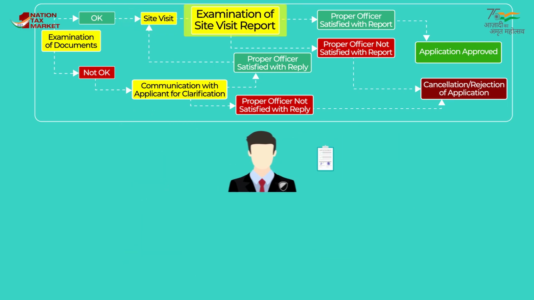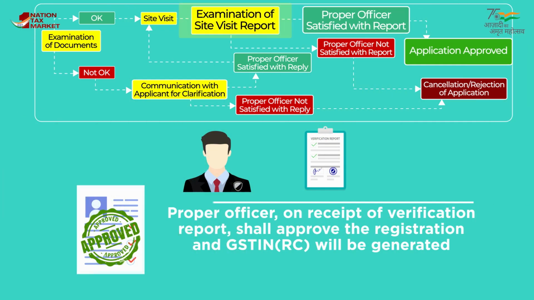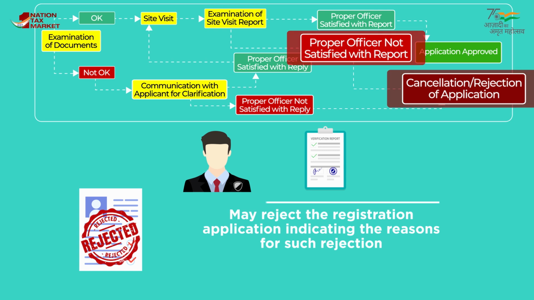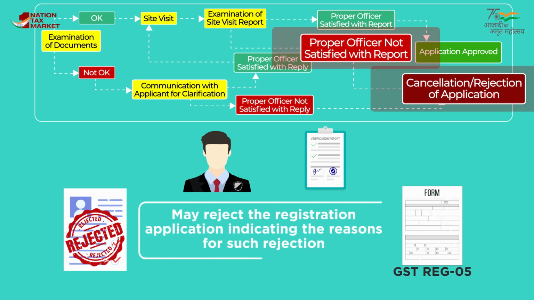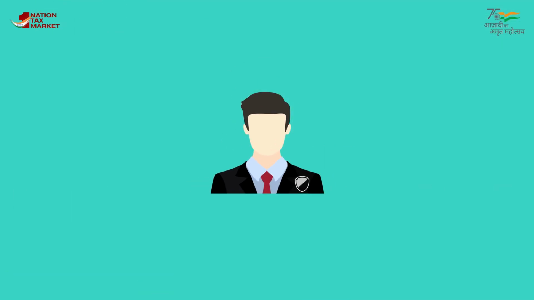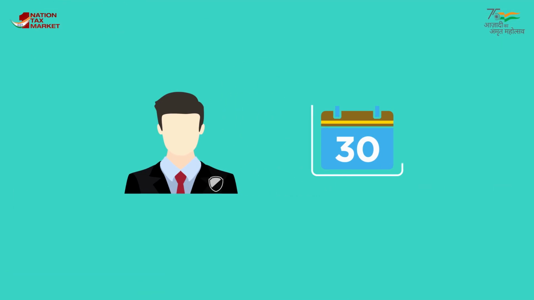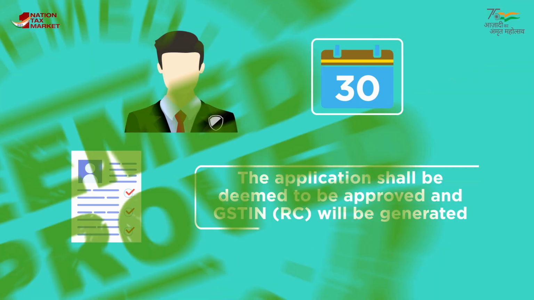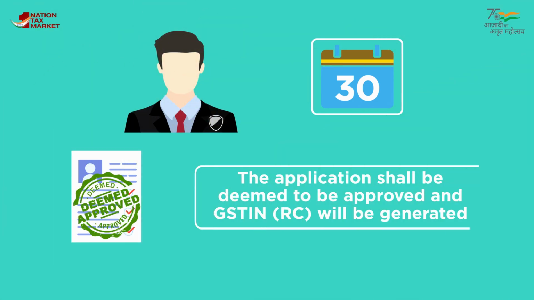Proper officer, on receipt of verification report, shall approve the registration and GST registration certificate will be generated, else may reject the registration application via GST Reg 05, indicating the reasons for such rejection. If proper officer doesn't take any action within 13 days from the date of submission of application, the application for grant of registration shall be deemed to be approved and GST registration certificate will be generated.